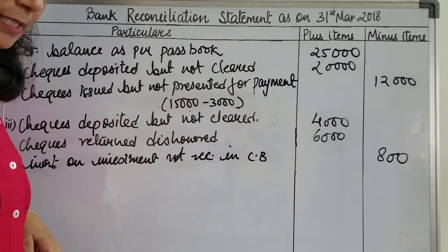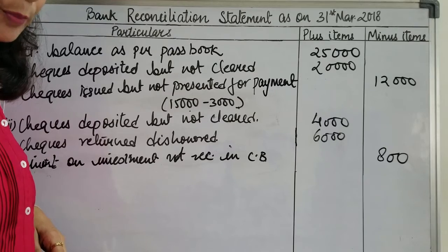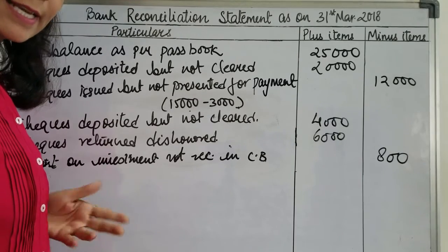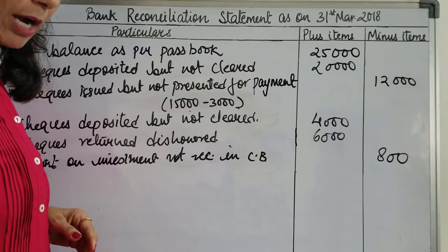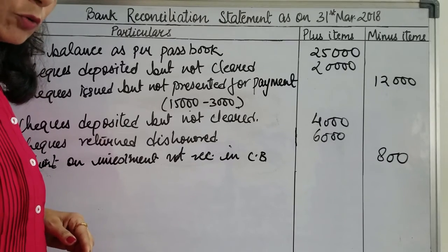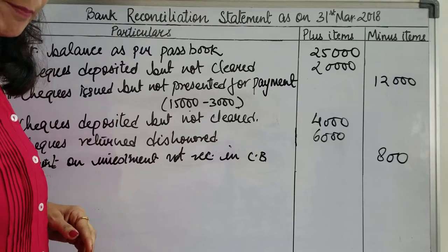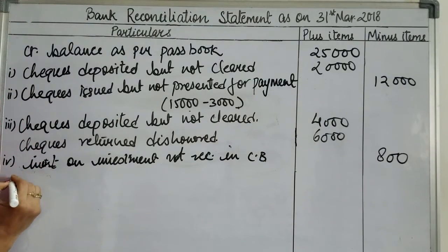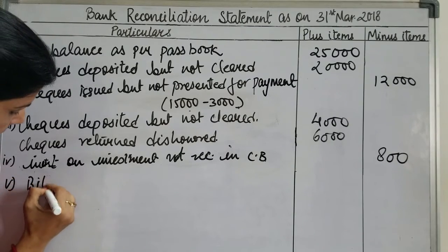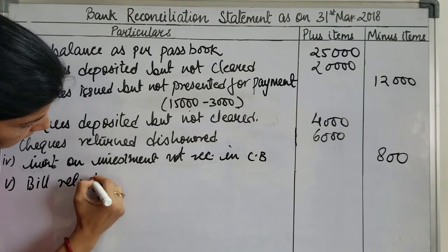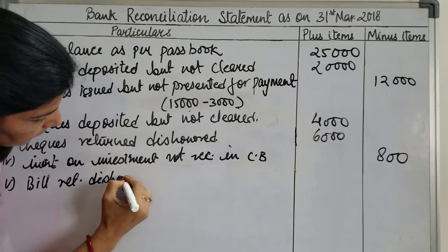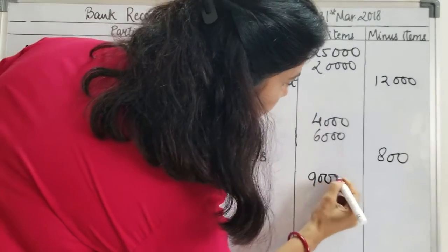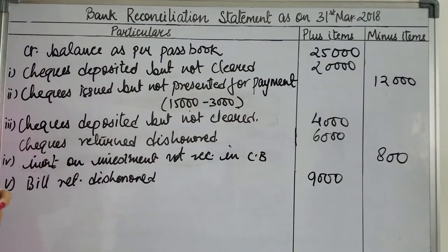Now the next statement says a bill receivable of rupees 9,000 previously discounted from bank was dishonoured on 30th March 2018, but no intimation was received from the bank till 31st March. So this bill returned dishonoured will be recorded here in the plus items column.